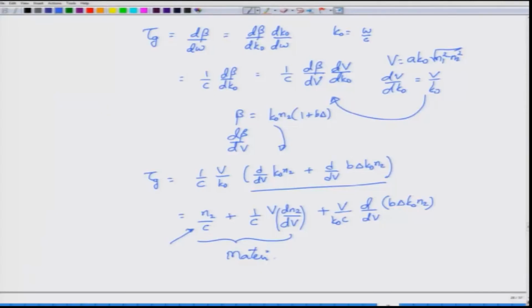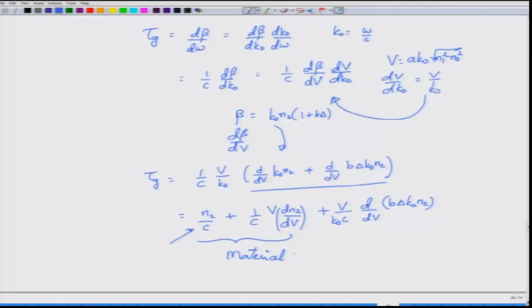So, this change of n2 with respect to frequency is not really in my control, because this is the property itself. So, these 2 parameters, the first and the second term, are what is called material dispersion, because they relate how beta or the refractive index n2 is changing with respect to the frequency as a consequence of the material property.